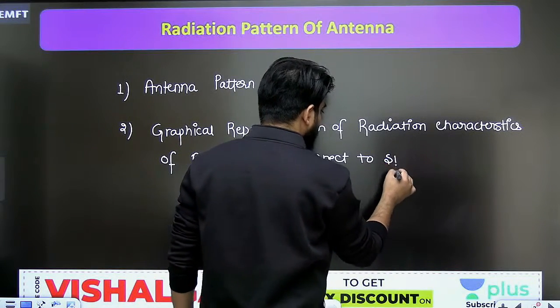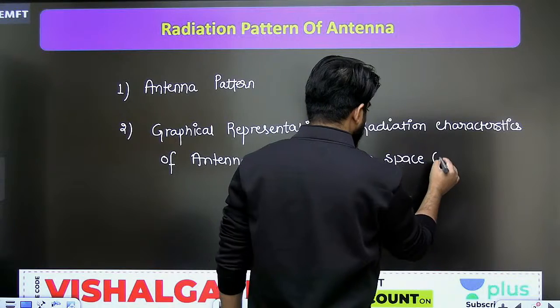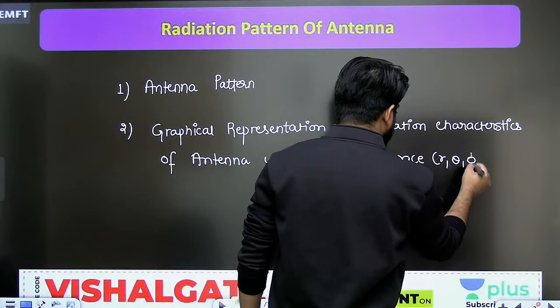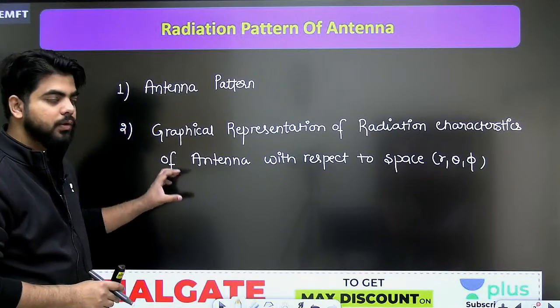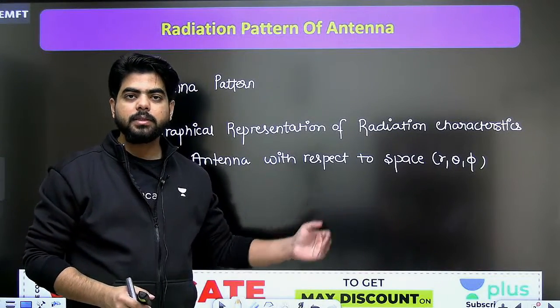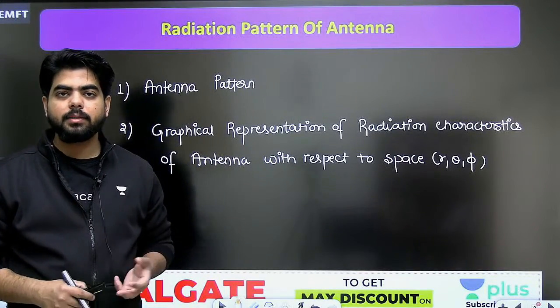Space means r, theta, phi. So the radiation pattern basically gives you the idea of the radiation characteristics of the antenna with respect to space, which means what the variations in the radiation are.